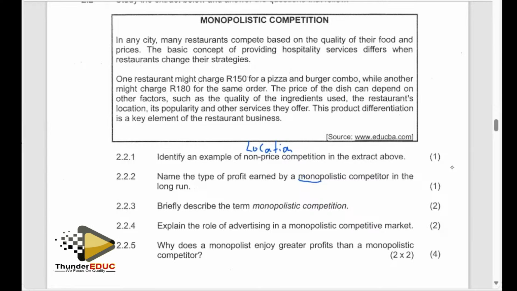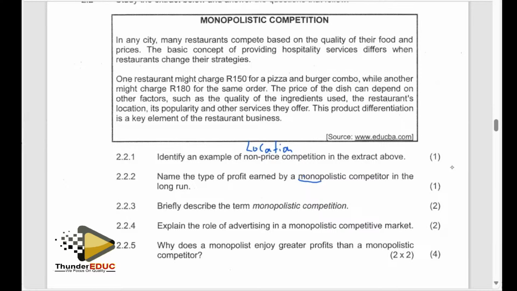Remember, there are also some slight restrictions for businesses that are willing to join the market. In that regard, a lot of businesses will join the market in the long run, because they will see that in the short run, businesses under monopolistic competition are making economic profit.